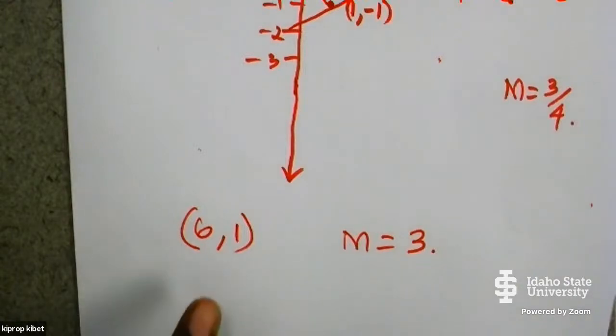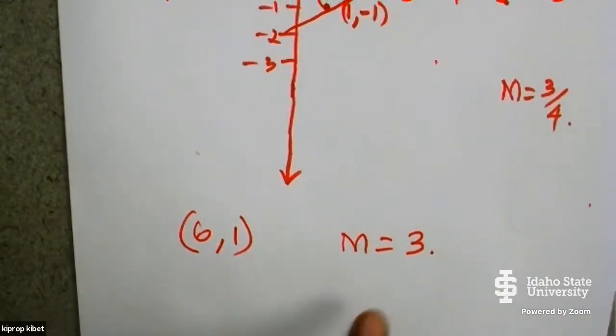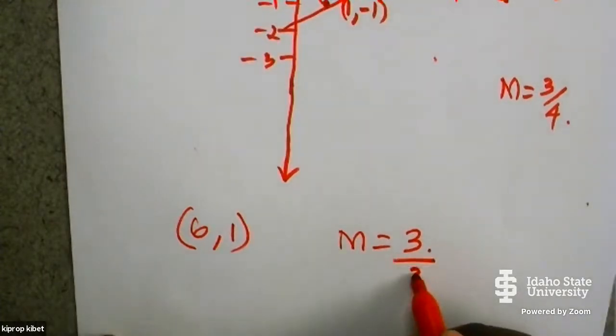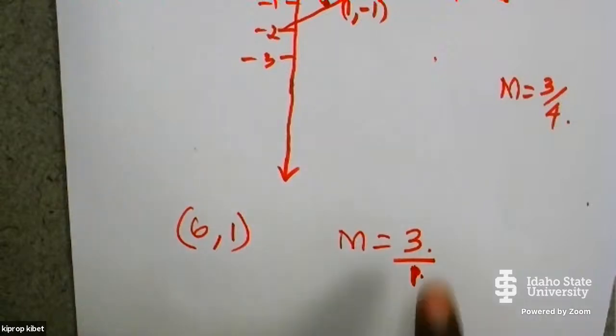So now, if you have this point 6, 1, and then the gradient is 3, so this is similar to 3 over 1. So this is changing y, which is 3, all over changing x, which is 1.